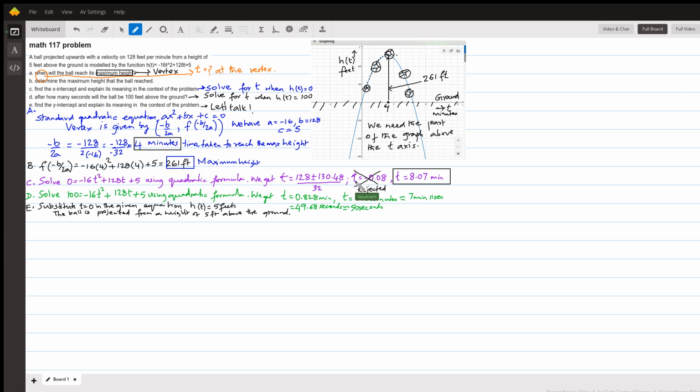So this means when h(t) is 0, the height is 0, and the time is 8.07 minutes. That means, when the ball is tossed up, there is that time frame from the minute it leaves your hand and goes up and comes back down, and that time is 8.07 minutes.